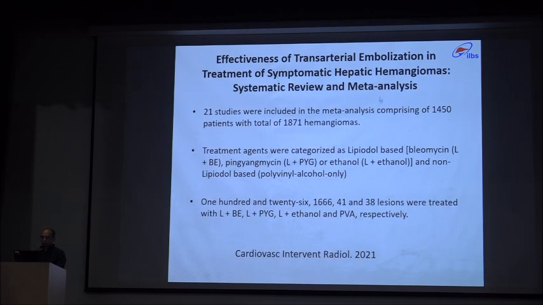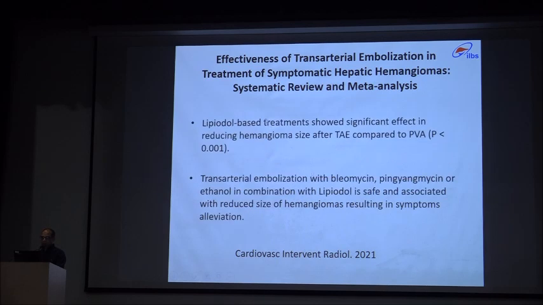This is a meta-analysis which compares the lipiodol-based technique versus the PVA technique, which was previously used in the old times. This review showed that lipiodol-based treatment has a significant effect in reducing hemangioma size as compared to PVA-based. So if we do angioembolization for hemangioma, we should always do lipiodol-based angioembolization. Then only it shows good results.